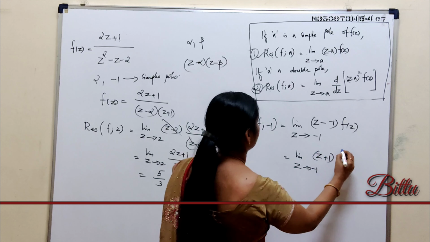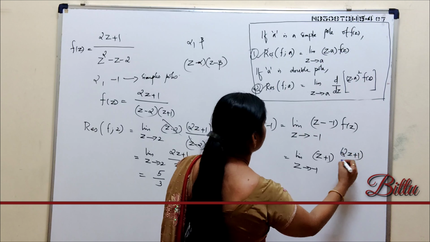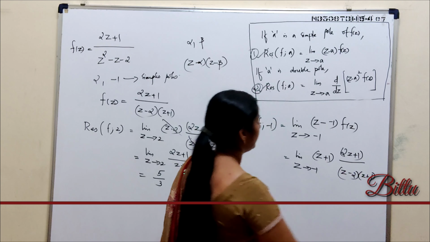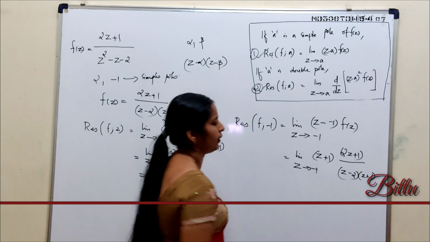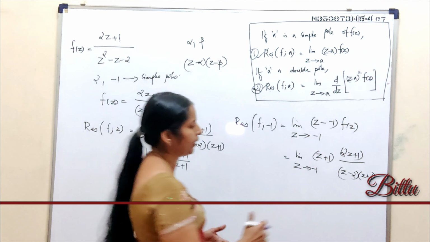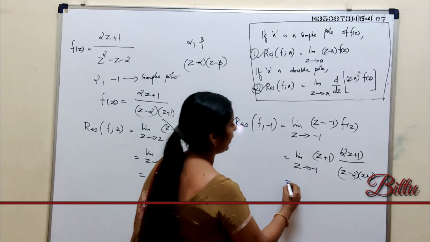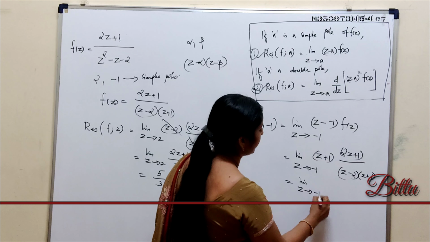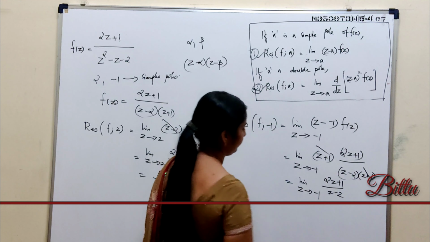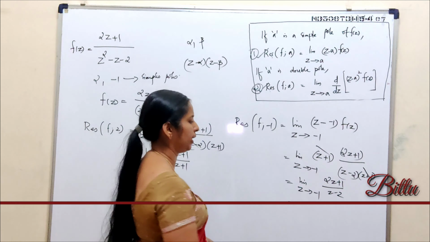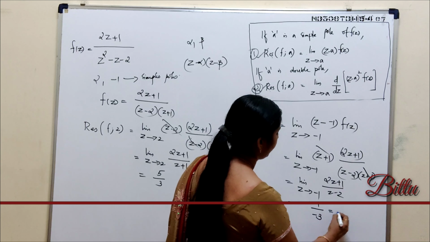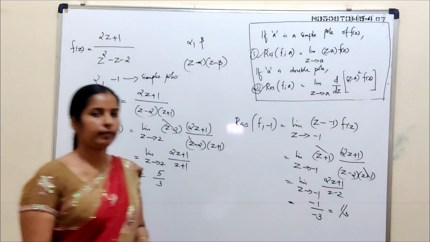Here f(z) is 2z plus 1 by z minus 2 into z plus 1. Here we will substitute the given function in which its denominator must be in factorized form. Then only you can easily remove the common factor. And it is limit z tends to minus 1 of 2z plus 1 by z minus 2. You put z equal to minus 1. You can see it is minus 1 by minus 3. And it is 1 by 3.